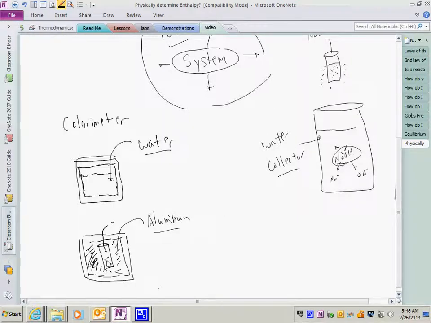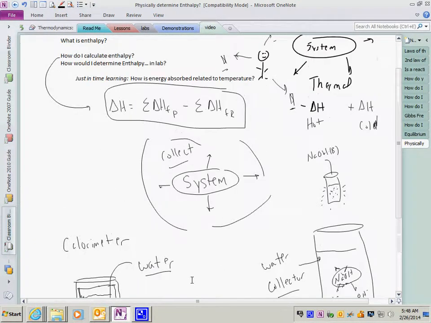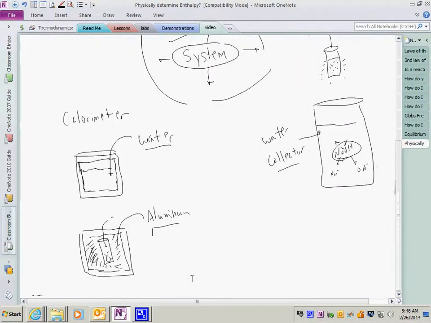So I need a collector, and that's really all it is. The majority of this video isn't going to be talking about the setup or the calculations of a collector or a calorimeter. It's more along the lines of: what's the mathematics of the actual transfer of energy from an item lost to the item gained?